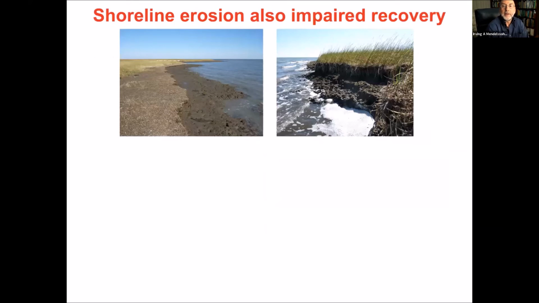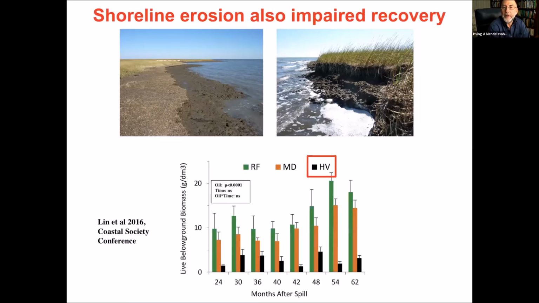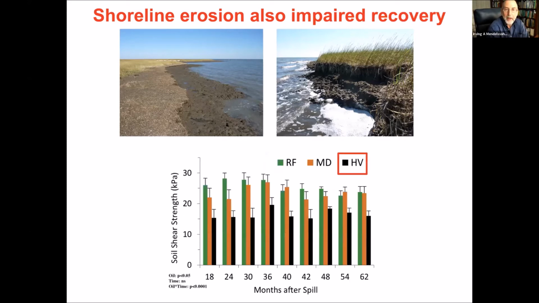Shoreline erosion likely impaired recovery at some locations. We know that heavy oiling can reduce live below-ground biomass, as shown by the black bars in this figure from Lin et al. for Bay Jimmy field sites. As a consequence, soil shear strength, which is the ability of the soil to resist erosive forces, is reduced in heavily oiled marshes.